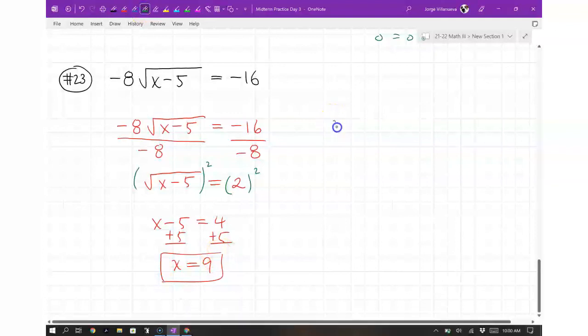So let's just check it. Like I said, I know that's a pain, but this little bit of pain can help you get a problem right instead of assuming that it's right and then the number you found actually doesn't work. So let's just make sure, okay? So we're going to plug in a 9. So negative 8 square root of 9 minus 5 is equal to negative 16.